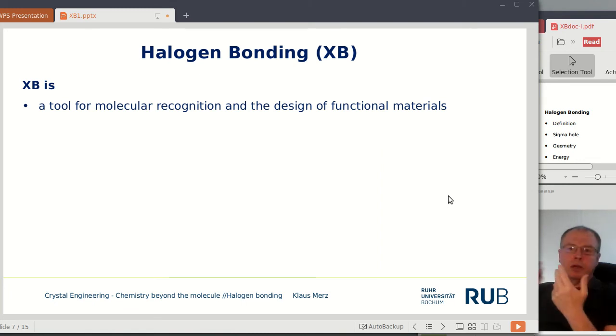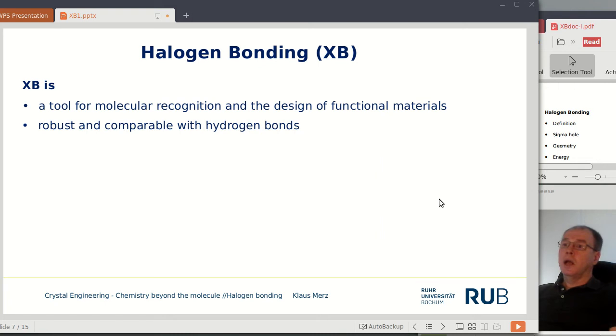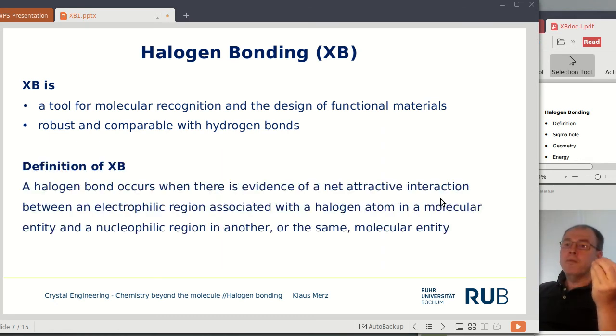Halogen bonding, similar to a hydrogen bond, is a tool for molecular aggregation, a tool for recognition of molecules in the solid state or liquid state. Also comparable with the hydrogen bond, it has a robust synthon.